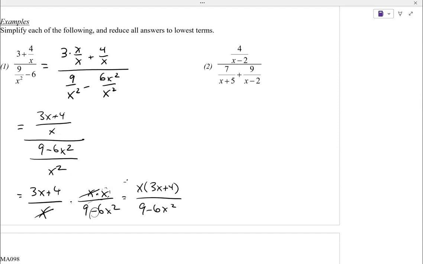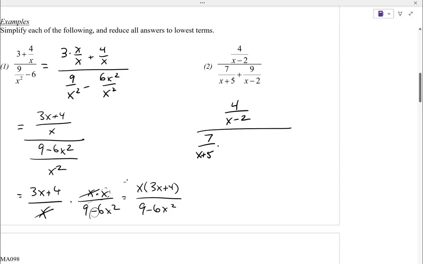So, is there anything we need to do with the top, the way it sits? Do I need to do anything with this 4 all over x minus 2, or is it okay so far? That's okay, right? That's a single fraction, right? We want to get the denominator as a single fraction. So let's work on that. What do you need to multiply that? Just looking at the denominator, what do you need to multiply the first fraction by? x minus 2.